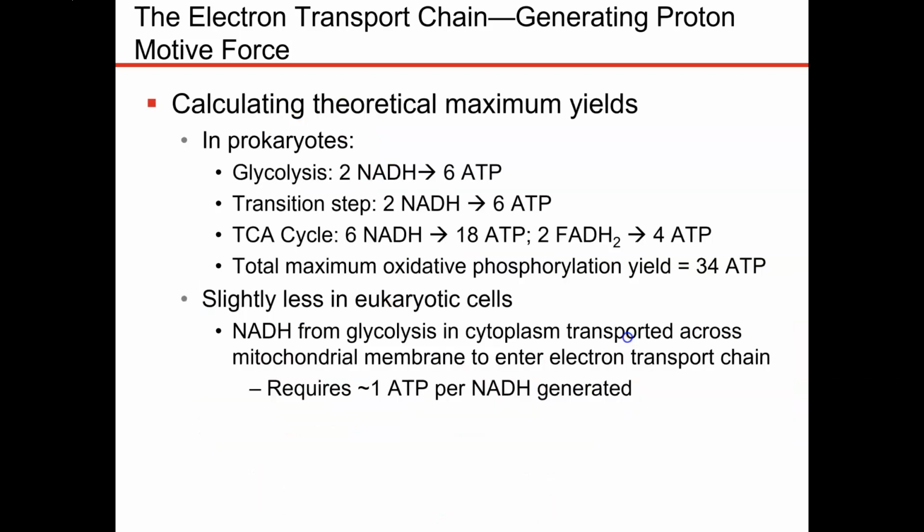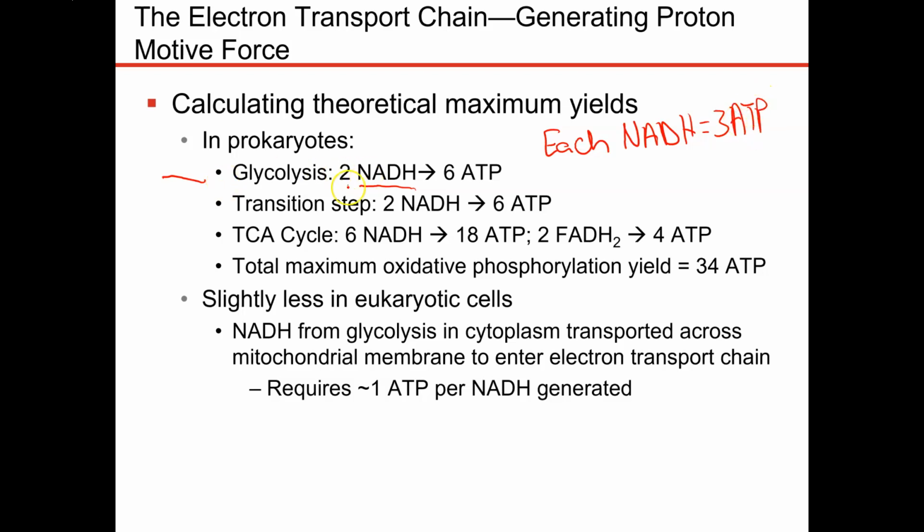So when we look at aerobic respiration and we look at the theoretical maximum yields, the glycolytic pathway produces 2 NADH, and each NADH is going to give us in aerobic respiration 3 ATP. So for each NADH produced, we gain 3 ATP.